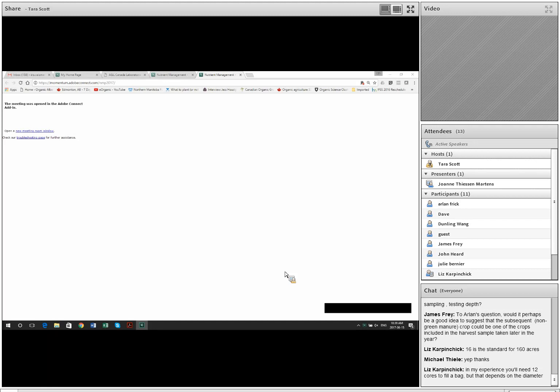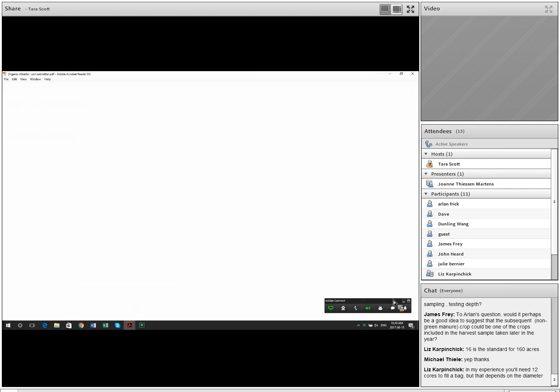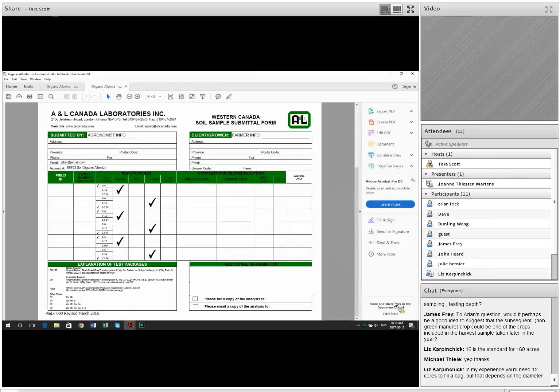Is everyone able to see, Joanne, can you see that there's a soil form right now in A&L Canada labs? No, it looks like it's trying. Okay. It shows Organic Alberta soil submittal PDF, but oh, there it is. Now it showed up. Yeah. Okay. There it is.